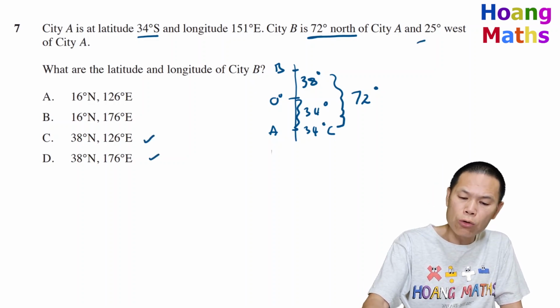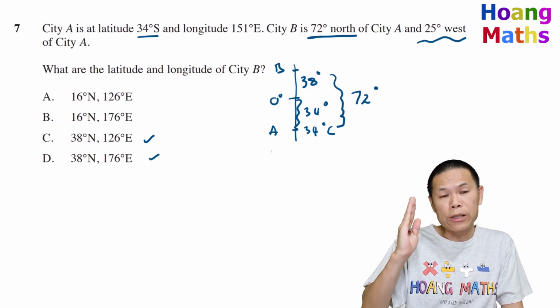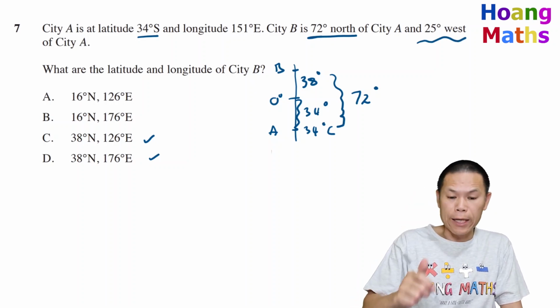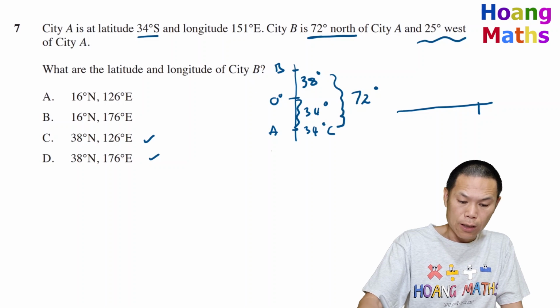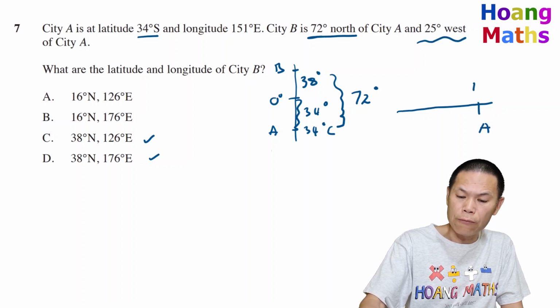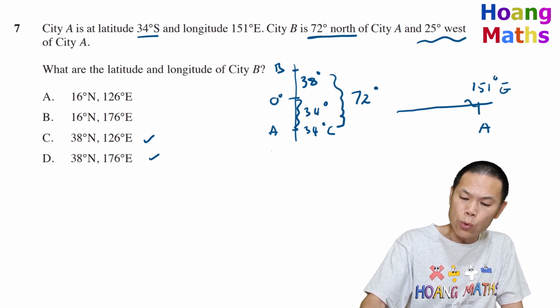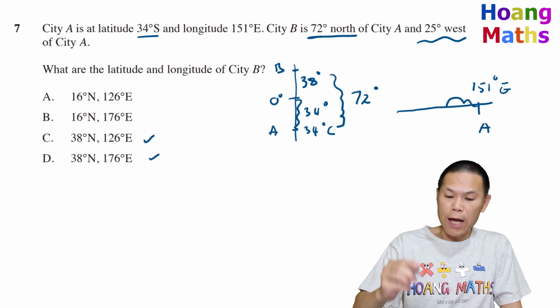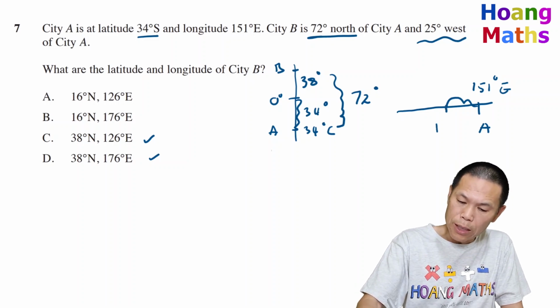And we also know that B is 25 degrees west of A. So this is A here, and that is 151 degrees east. B is 25 degrees west of A, so we go B here.